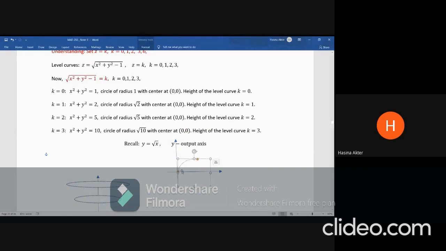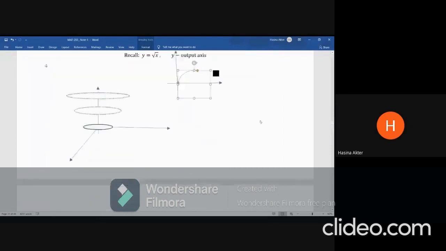That means it's concave down, the half parabola concave down on both ways. So when you have the circles and you want to join those level curves, you don't join them using the curve which is concave upward. You have to join them with the curve which is concave downward.